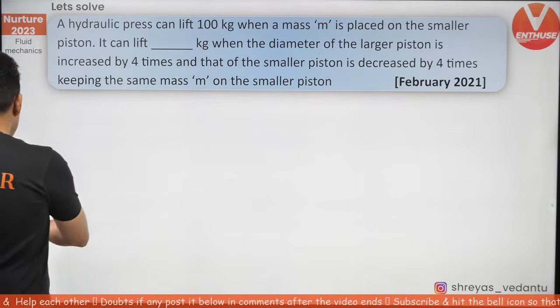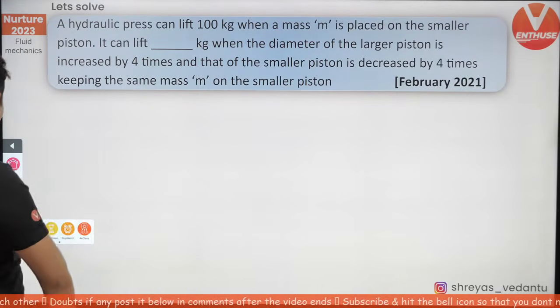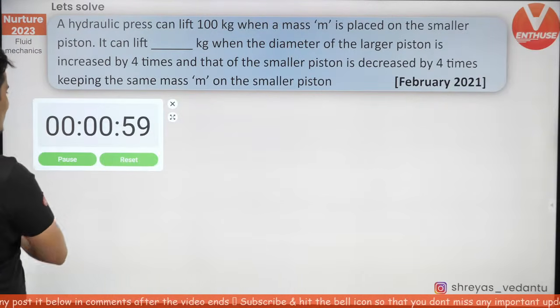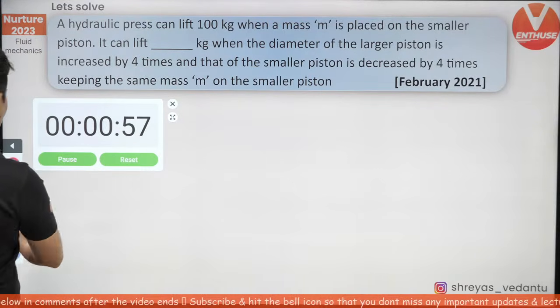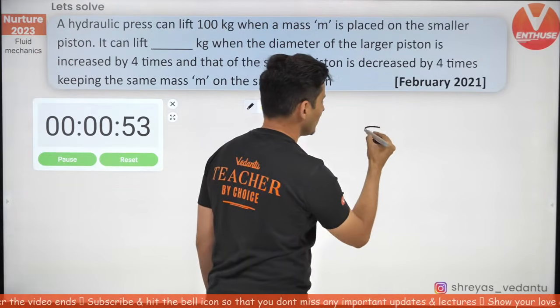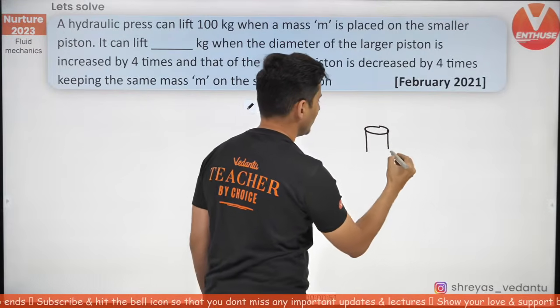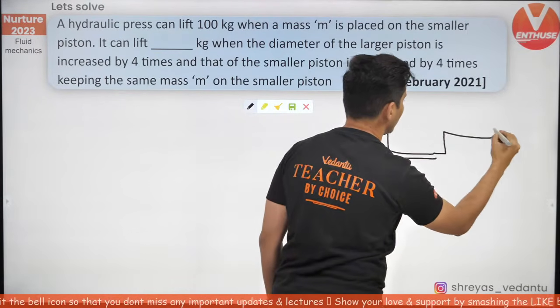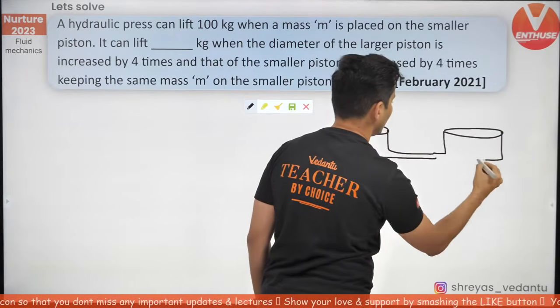Very interesting. Let me give you a time for solving this. Within 1 minute you are supposed to solve this. Let's see if you can solve this within 1 minute. I've started the timer now. Okay, so I'll just draw the diagram for you. This was the smaller piston right over here. This is the tube, and this is the bigger piston right over here.